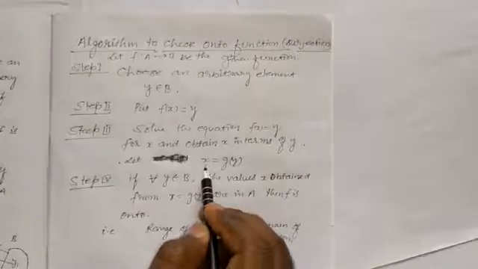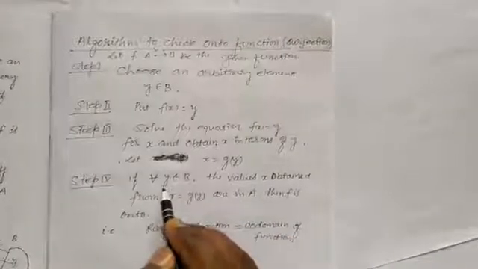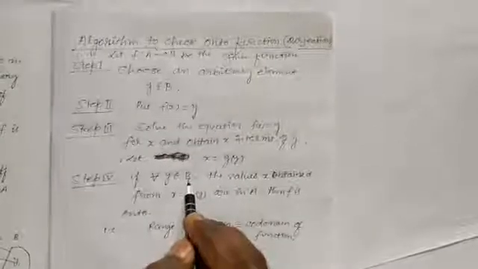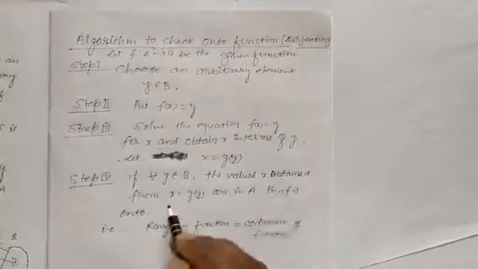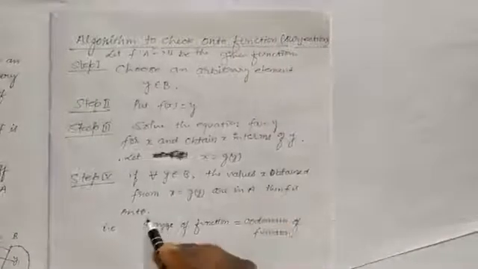Say x equals g(y). If for all y belonging to set B, the values x obtained from x equals g(y) are in set A, then f is onto.